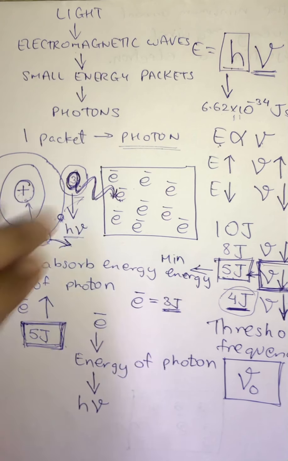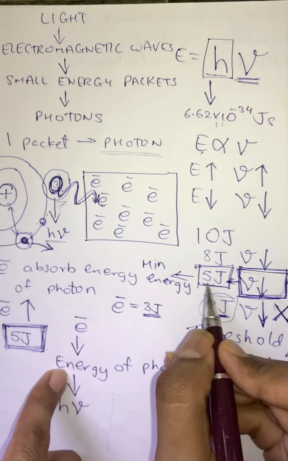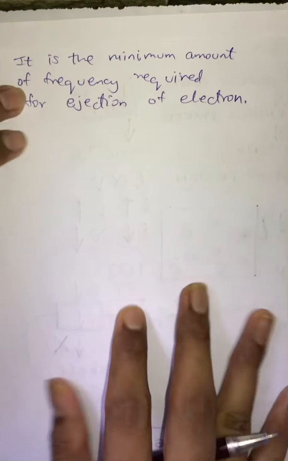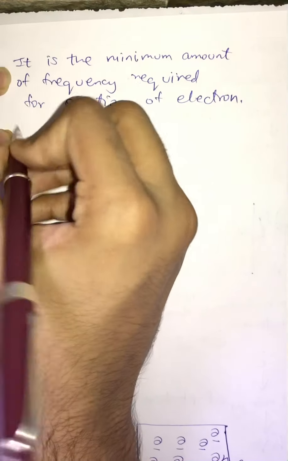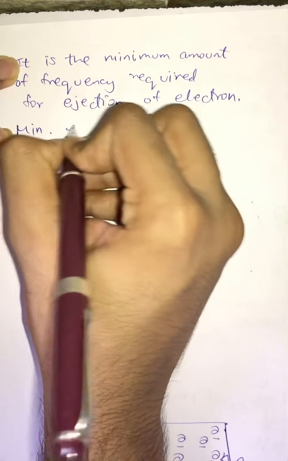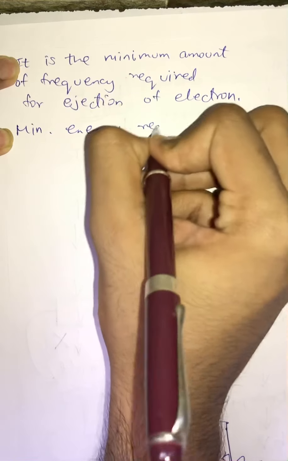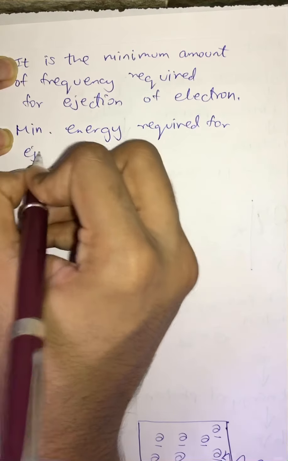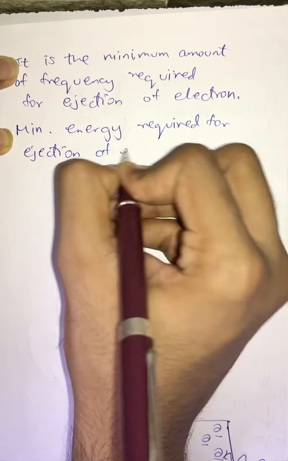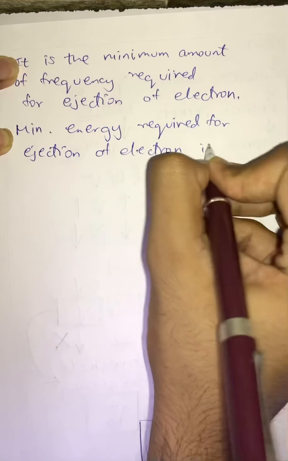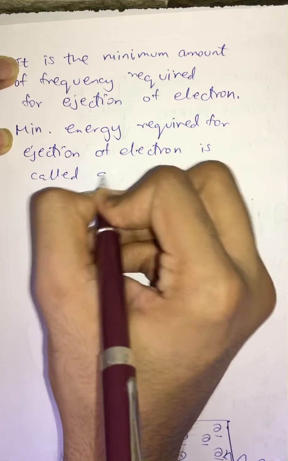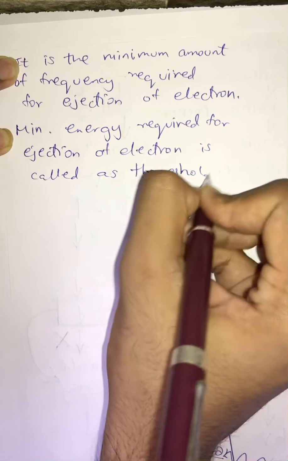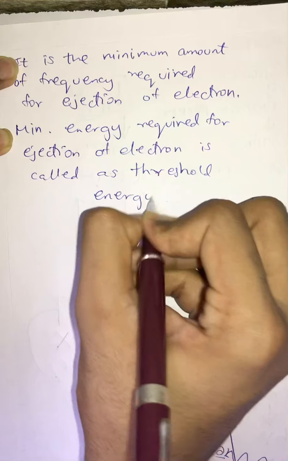Am I right? So the minimum energy required for the ejection, I will write over here, so it will be better for you all to understand. The minimum energy required for ejection of electron is called threshold energy.